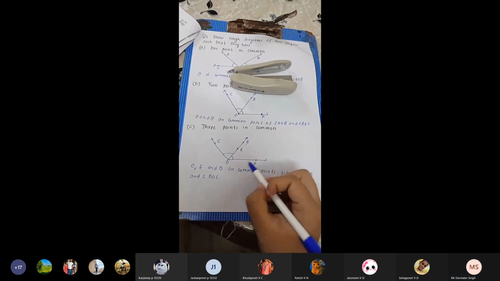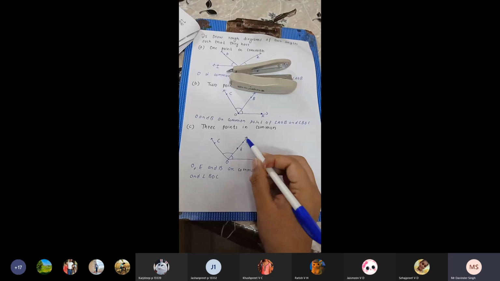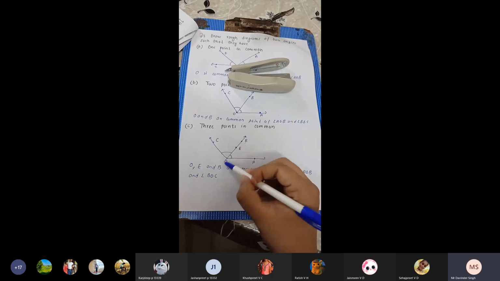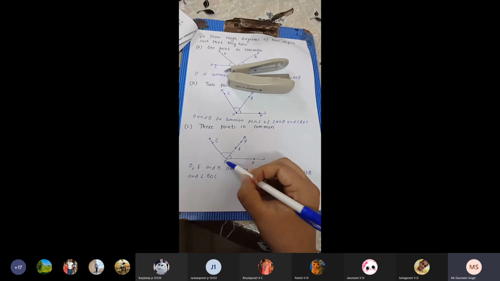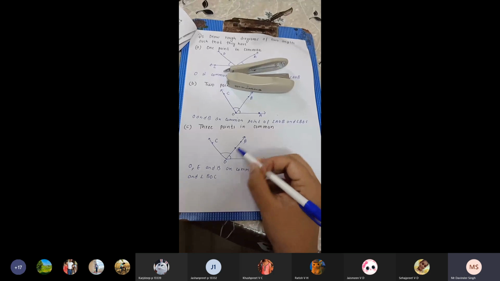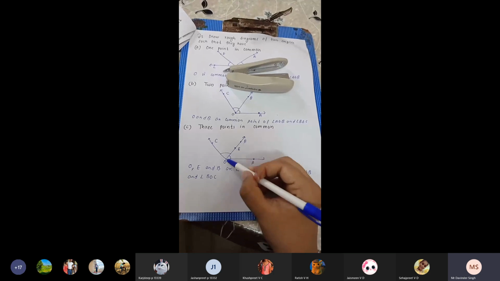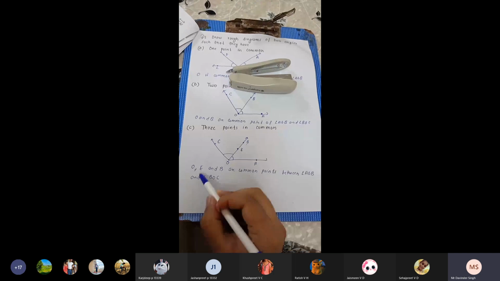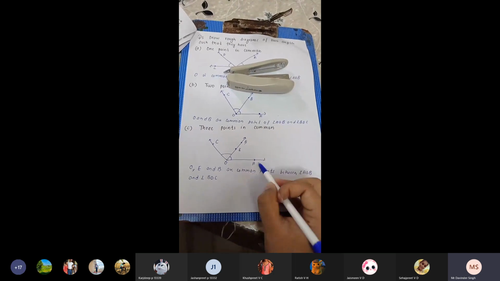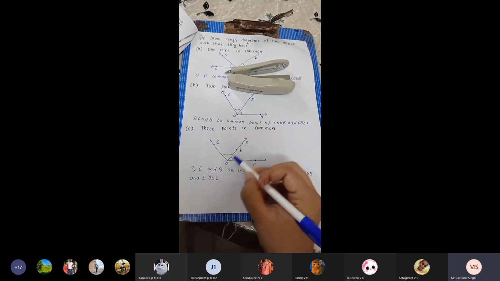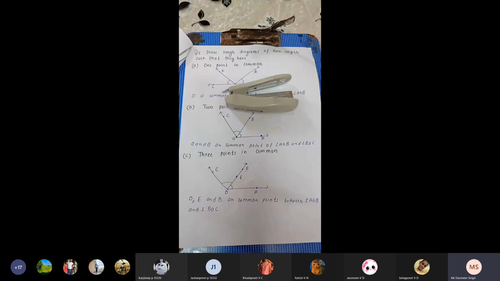You can see what is common in AOB and BOC. This is common in both. So you can see the points B, E and O. These 3 points are common. The common points in both angles are these three. So that's why I have written O, E and B are common points between AOB and BOC. So this will be the answer of part C.